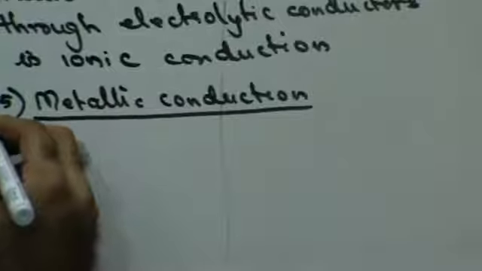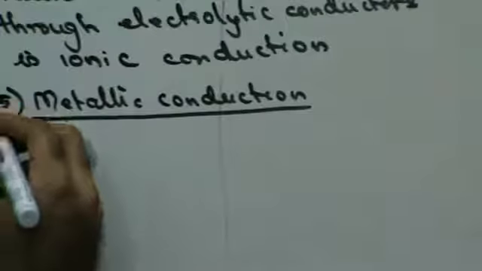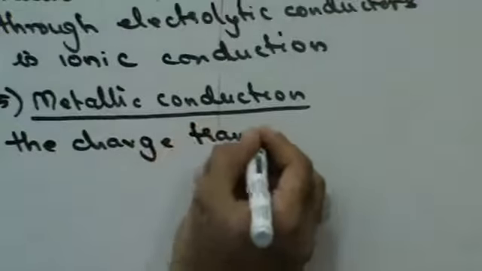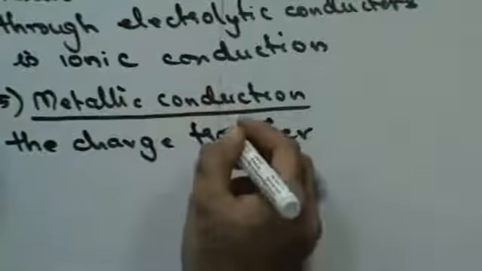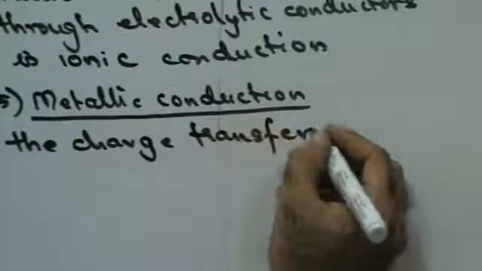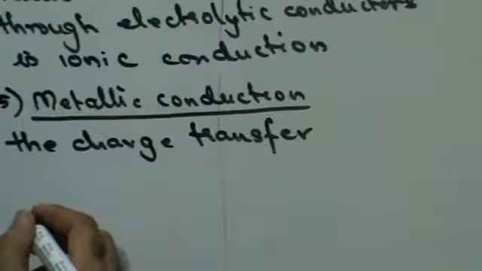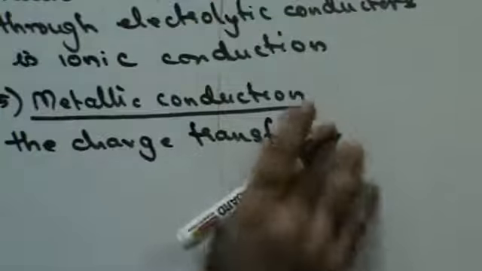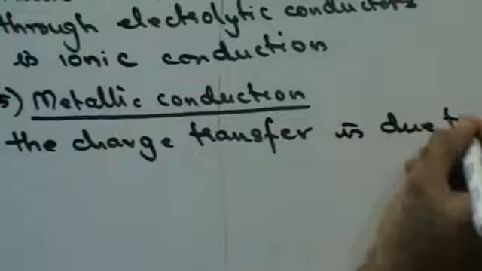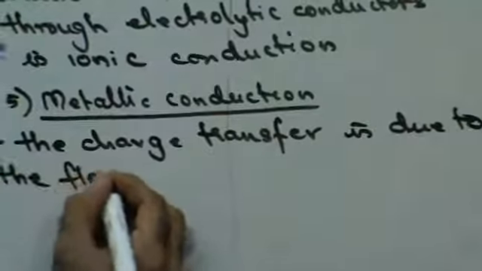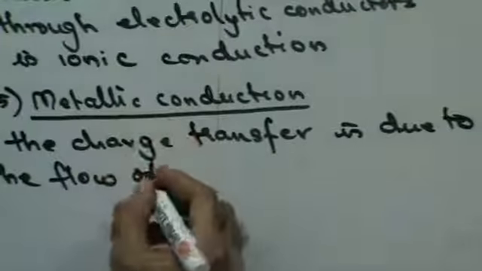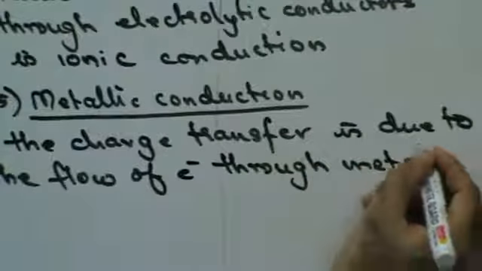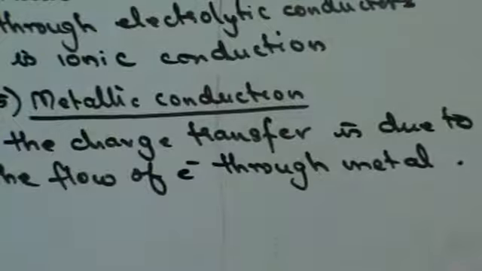In metallic conduction, the charge transfer is due to the flow of electrons through metal.